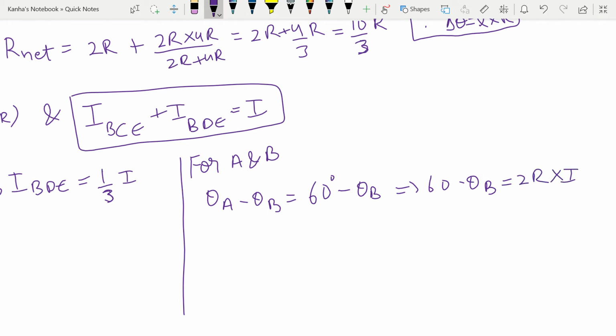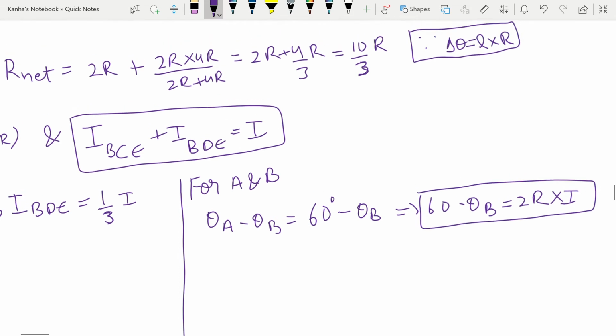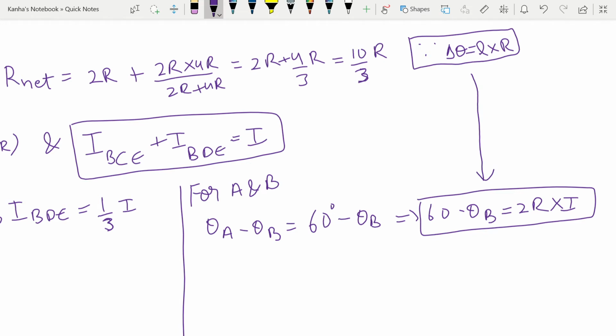Why? Because this acts as if this was the voltage in an electrical circuit, the change in temperatures or the change in potential between the two. So this is my first equation. This is directly a consequence of this.